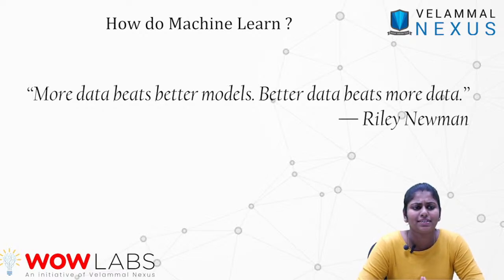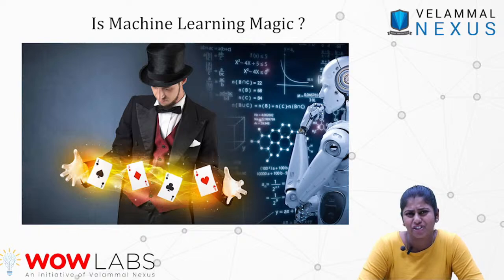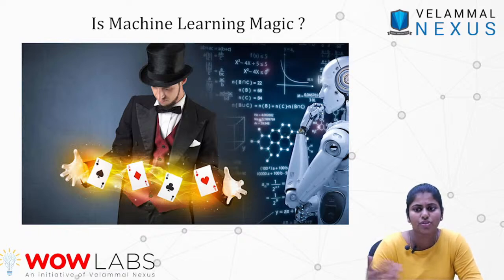Okay, let's jump into the topic: is machine learning magic? Once you start seeing how easily machine learning techniques can be applied to problems that seem really hard, like handwriting recognition, you start to get the feeling that you could use machine learning to solve any problem and get an answer as long as you have enough data.